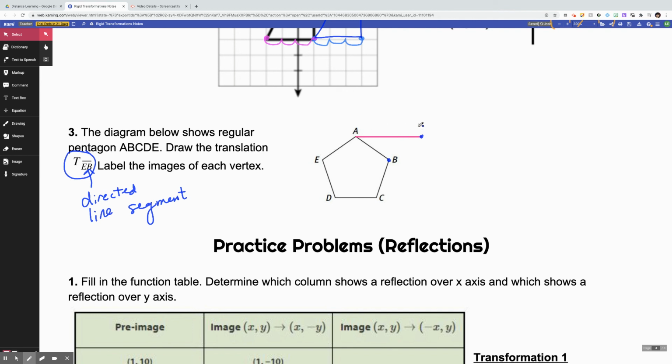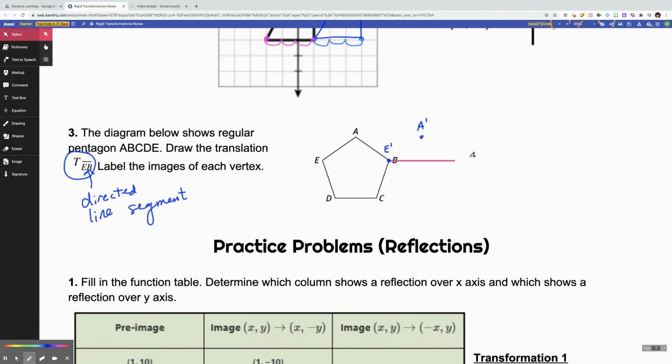So if this is A, this new point is A prime. This point was E, so now it's E prime, right? Because we took this point and moved it over. Point B originally was here, and now it's going to be at the end of that directed line segment right there. So that's B prime.